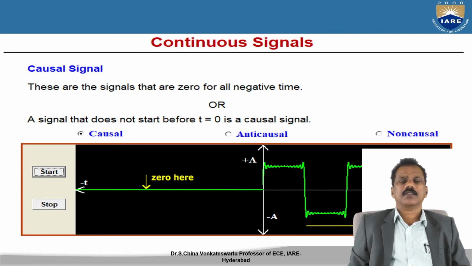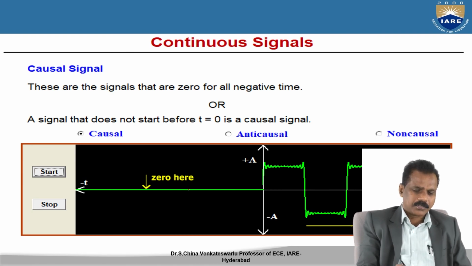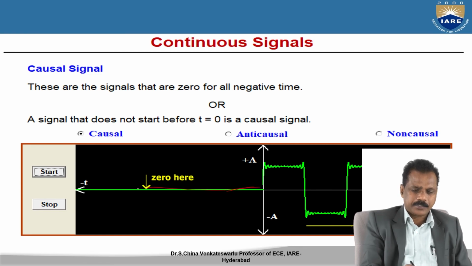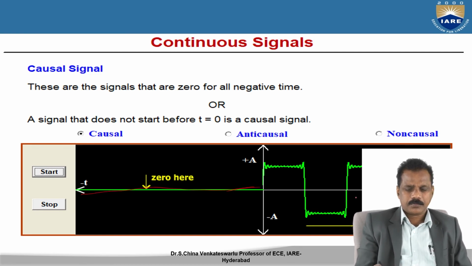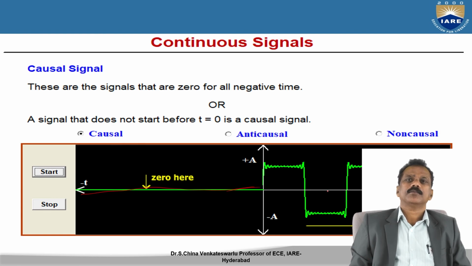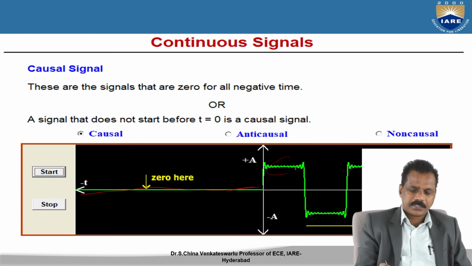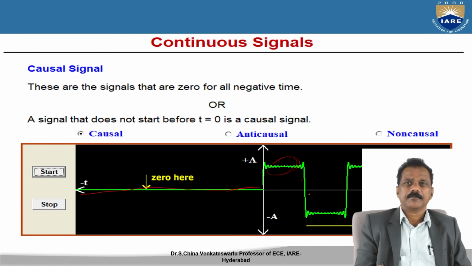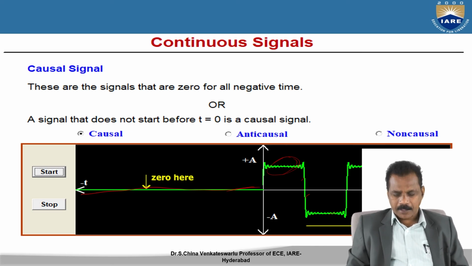Here all are 0, here 0. This side the signals are varied, but here there is a distortion, noise affected here, here also noise. The causal signal is observed like this.